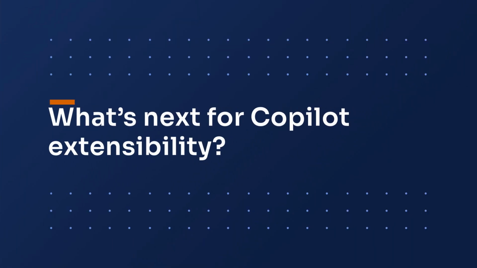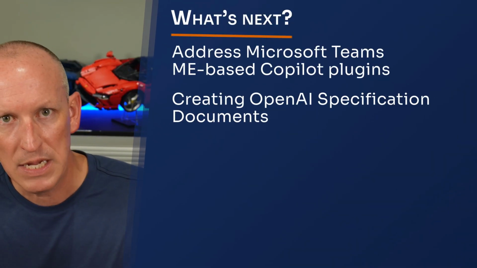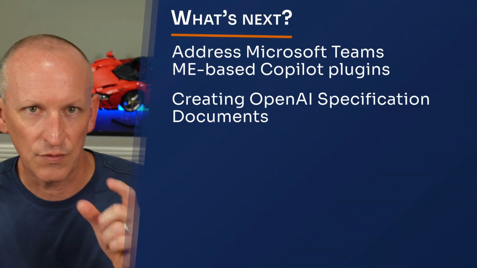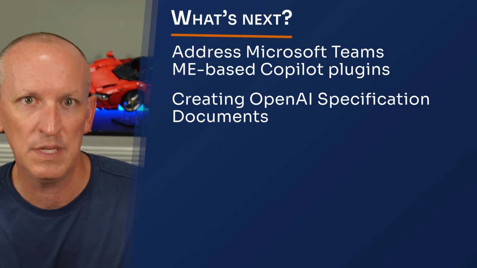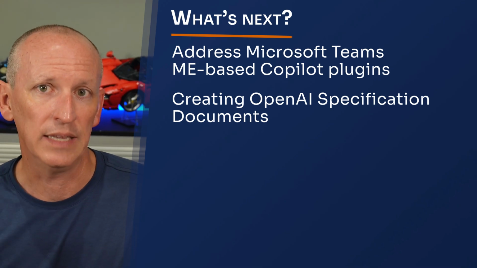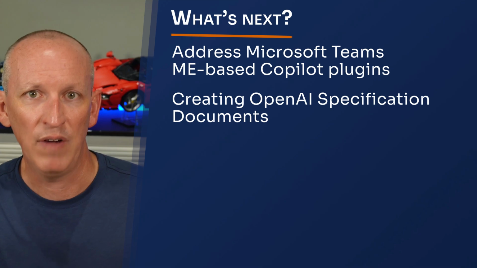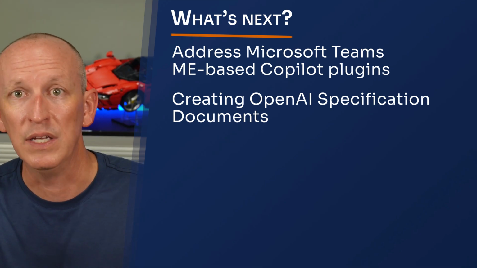This episode has covered the general availability announcements for Copilot Extensibility, but I want to highlight a few upcoming developments in this area that you can look forward to. Now, during the preview period, many customers created ME plugins for use within Microsoft Teams and Outlook. They were following the guidance that Microsoft provided on how to make them available as plugins for Copilot.